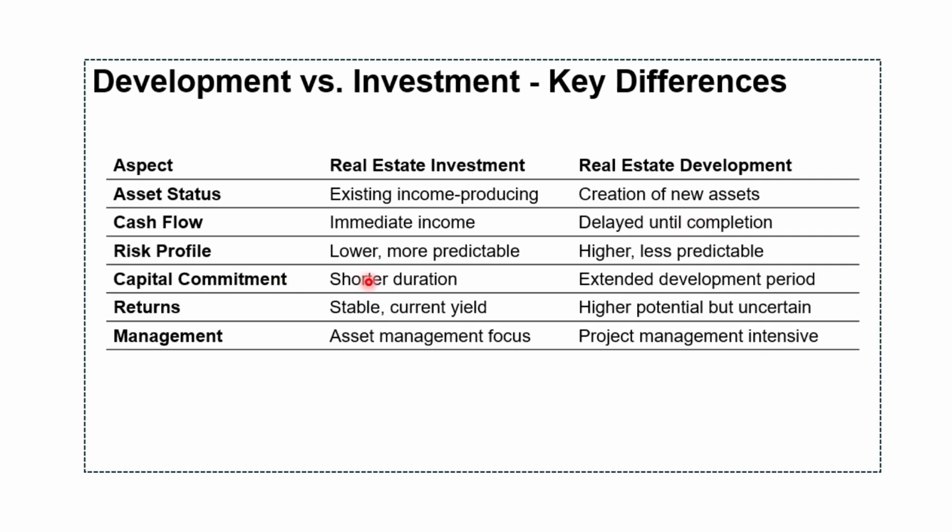Then we have risk profile, which reflects these different characteristics. Investment risk is lower and more predictable. In real estate development, we have higher risk and it is less predictable, right? And it includes construction, regulatory, market timing and execution risk.